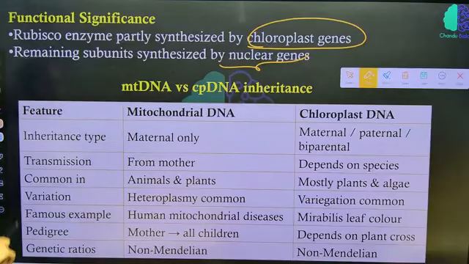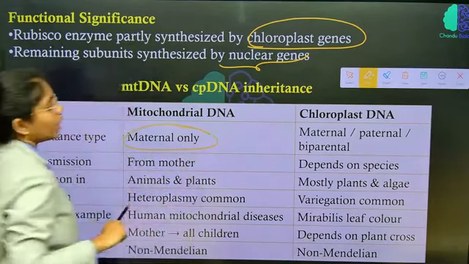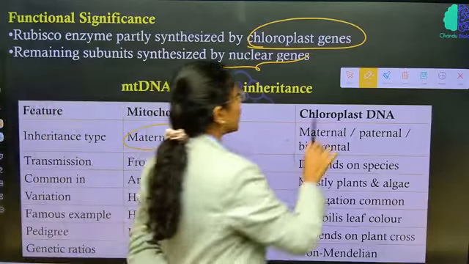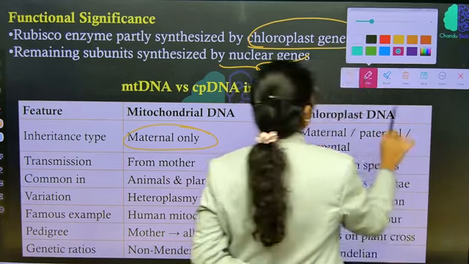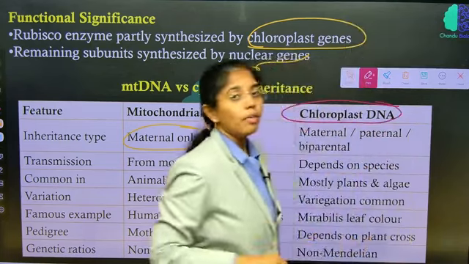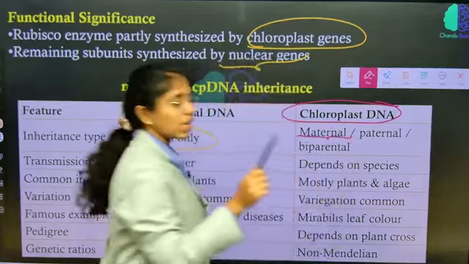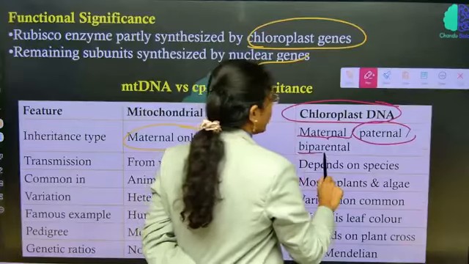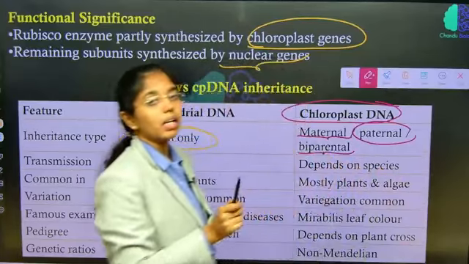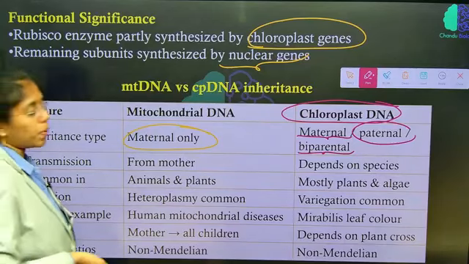Mitochondrial DNA is purely maternally inherited, from the female parent, from the egg cell. Whereas chloroplast DNA follows different patterns of inheritance. It can be maternal, from the mother, or paternal, from the father, or biparental, sometimes from both the egg cell and the sperm cell.